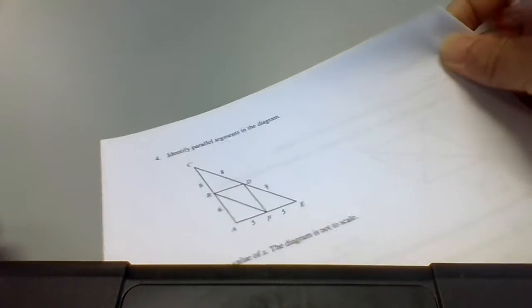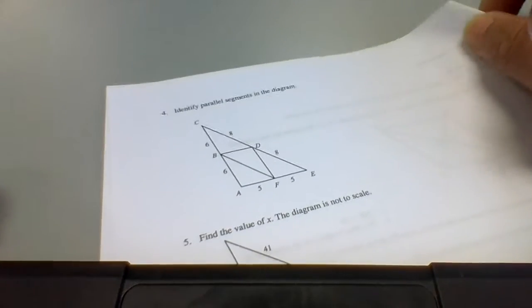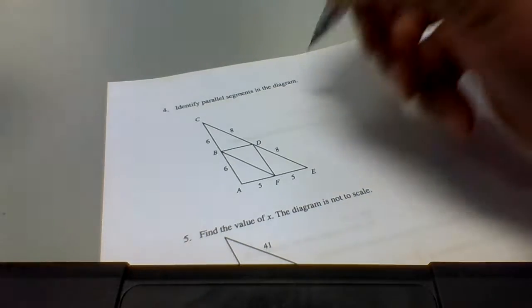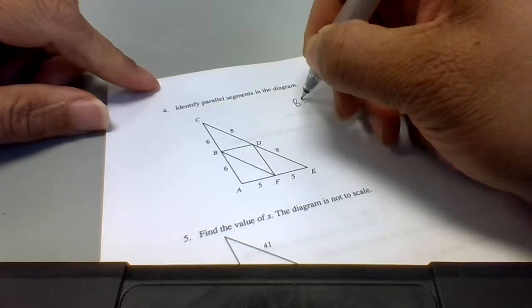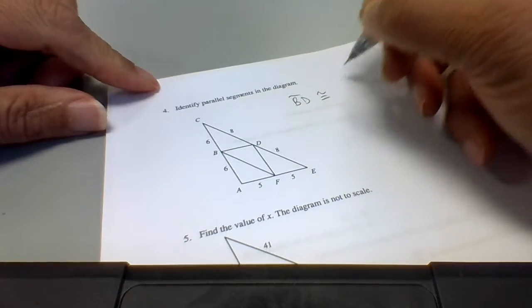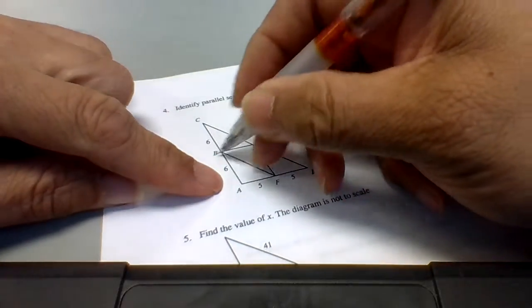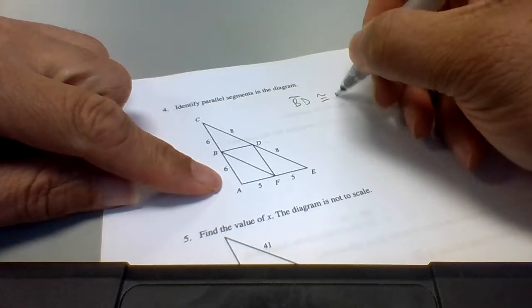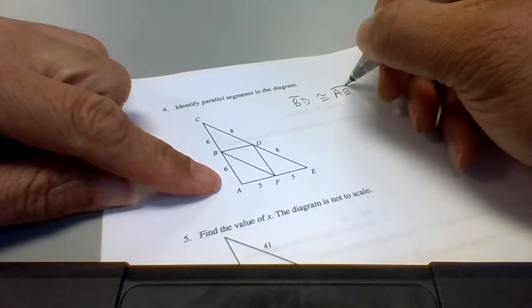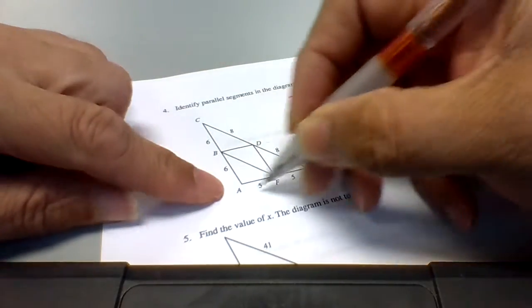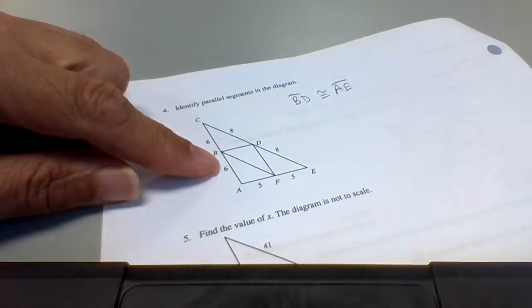All right, identify the parallel segments. So BD is parallel to, all the way across, AE. So this is going left and right. This line's going left and right.